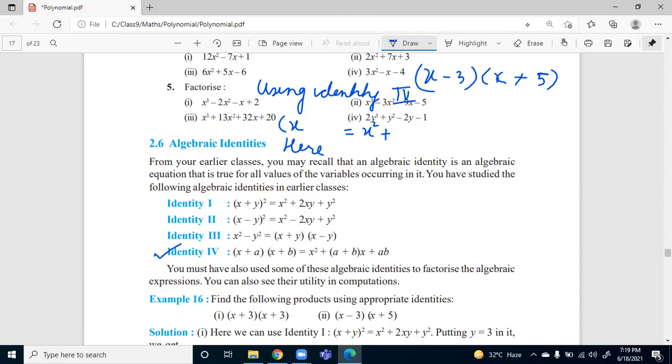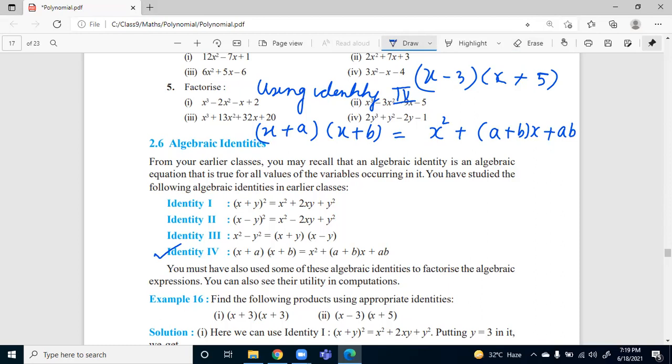Okay, now you will be writing the identity. What is identity number 4? (x + a) into (x + b) is equal to x square plus (a + b) into x plus ab.